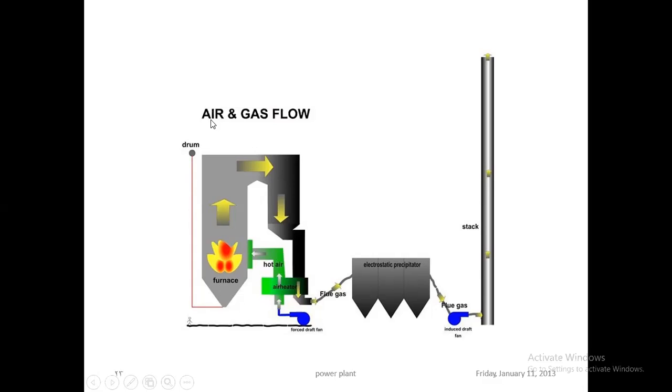First thing is the air and gas flow. We all know that the forced draft fan is installed at this level to blow the air through the hot air to the furnace, to increase the intensity of the furnace heating and to insert that heat in the boiler.